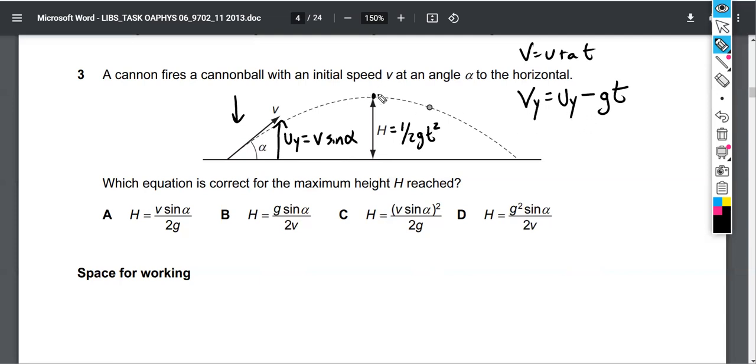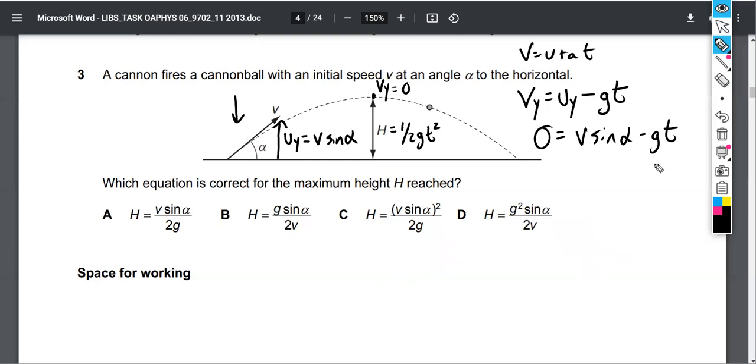Remember the final velocity at this point, at h, in the y direction is 0. So we've got 0 equals v sine alpha minus g t. Notice how there's no t's in any of these here, right? And so let's solve this for t.